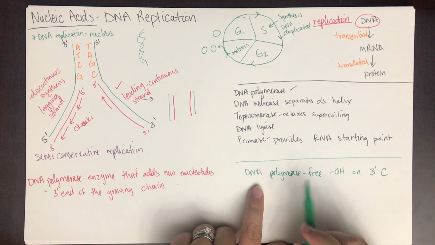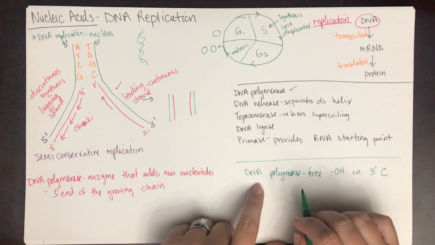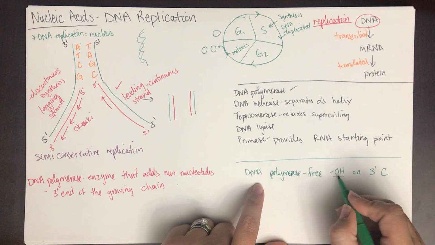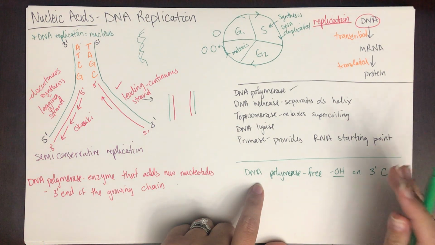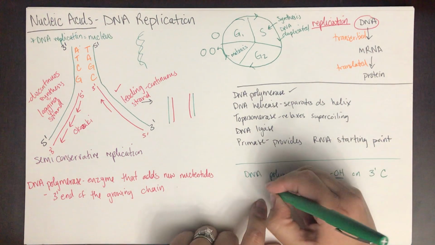So this is where the polymerase reaction happens, where the condensation reaction happens. This hydroxyl group is going to react with the incoming nucleotide to form that phosphodiester bond.